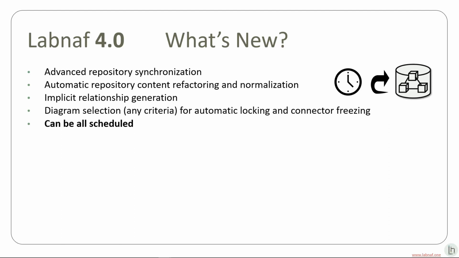You can also automatically normalize your repository content, the structure, the location of elements in packages, and you can also generate implicit relationships. Diagrams can be automatically selected and protected against connected changes or other types of change. And all these features can be, of course, scheduled as you wish.